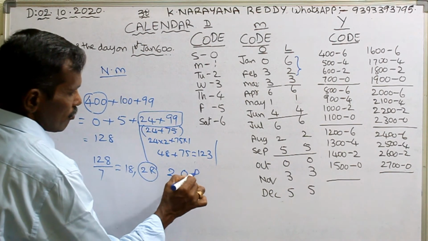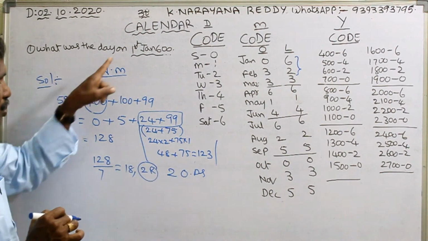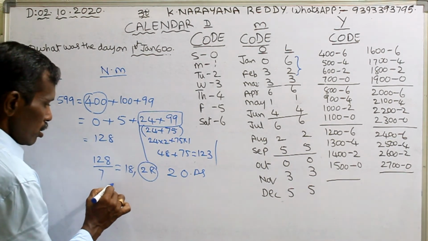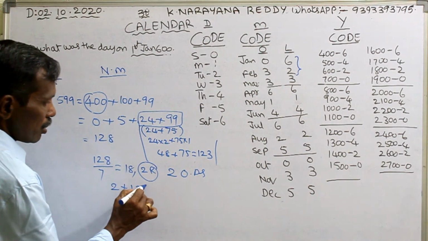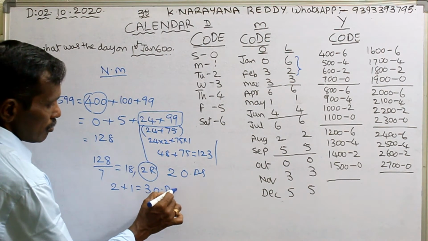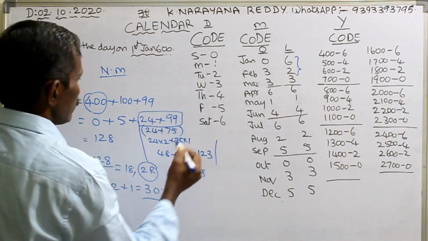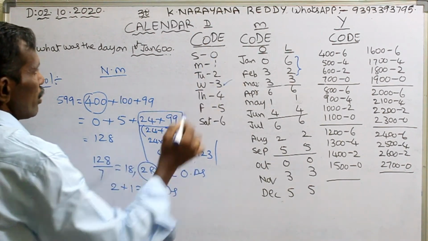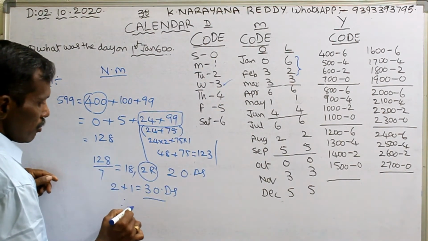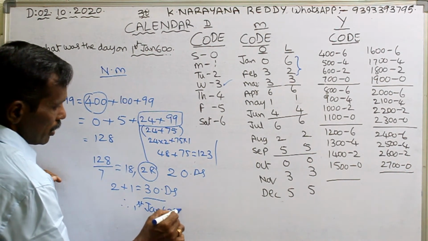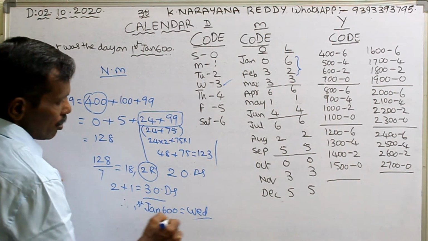But 1st Jan is also included. So 2 plus 1 is equal to 3 odd days. 3 odd days means Wednesday. Therefore, 1st Jan 600 equals Wednesday.